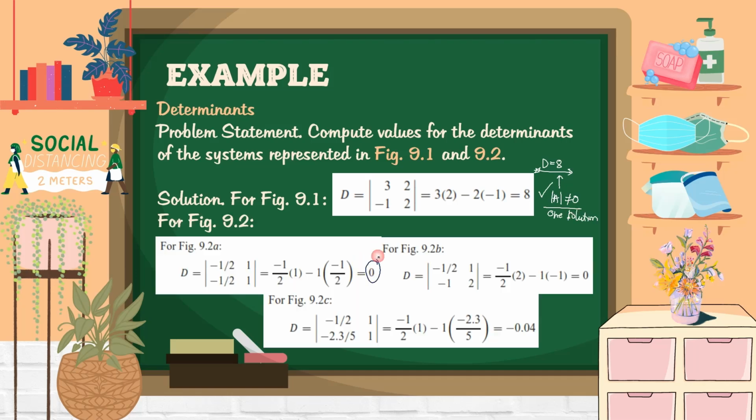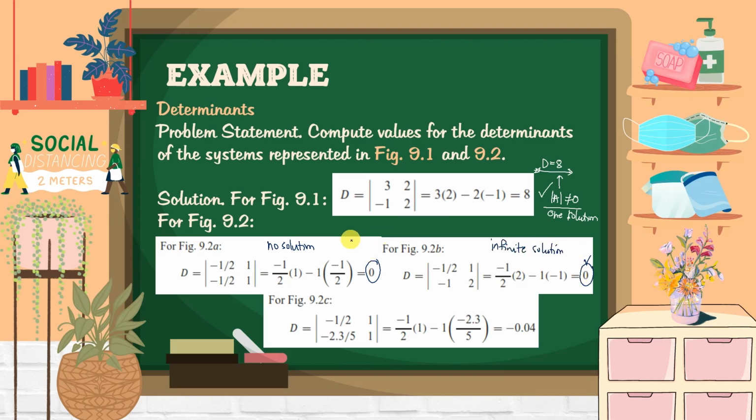For 9.2a, we have here the result of 0, same as 9.2b. So for our 9.2a, this means that it has no solution. If you recall figure 9.2a, and for our figure 9.2b, we have here also a result of 0. It has an infinite solution.